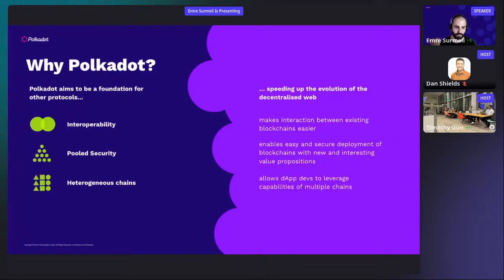And heterogeneous chains. So this is our vision of sharding. If you're following what Ethereum is doing with ETH 2.0 and sharding, sharding is this paradigm of how to scale these blockchains. And the way that our blockchain works is that we have what are called parachains, and these are our shards. You can have different types of parachains that have their own consensus mechanisms, their own block time, their own coins and economics and game theoretic applications, all running on Polkadot.